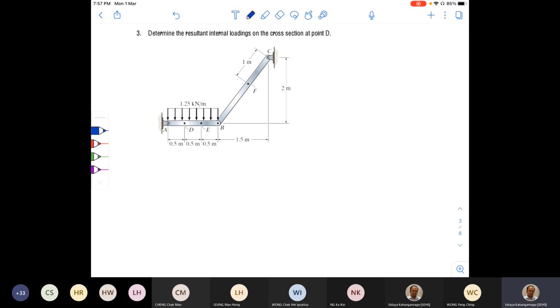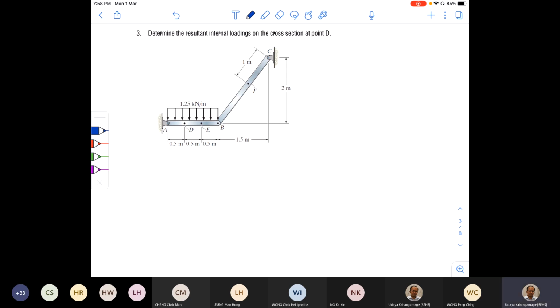Determine the resultant internal loadings on the cross section at point D. Now you can see that again, we need to cut the member at D and draw a free body diagram. Then you can see the internal forces.